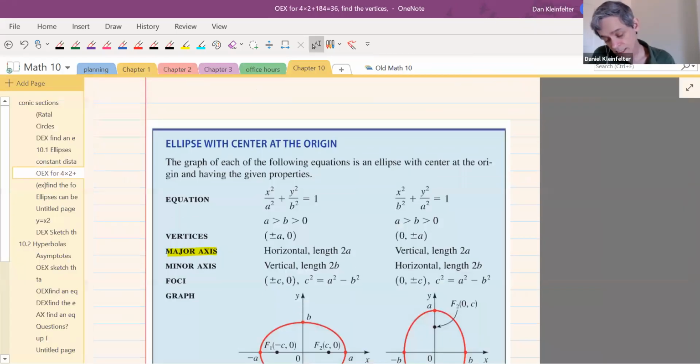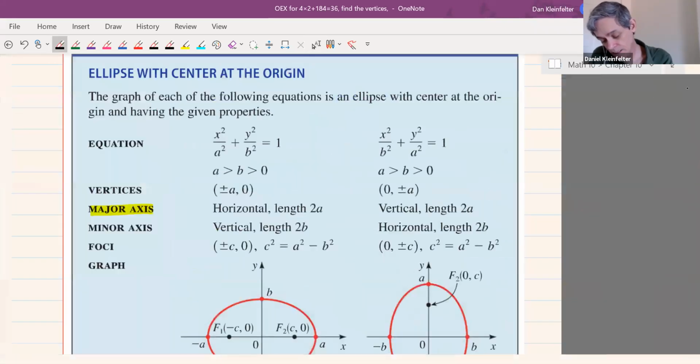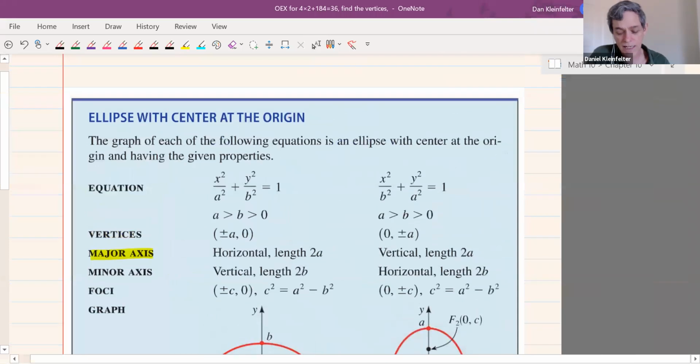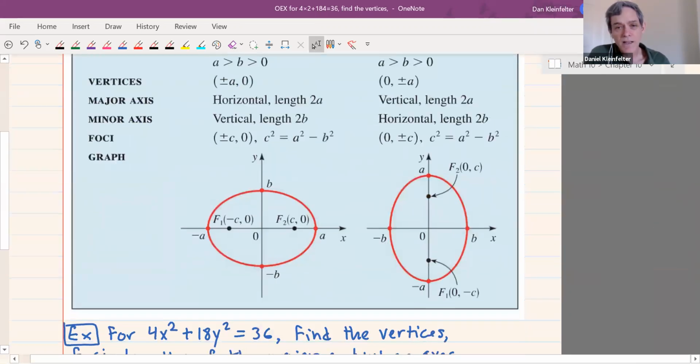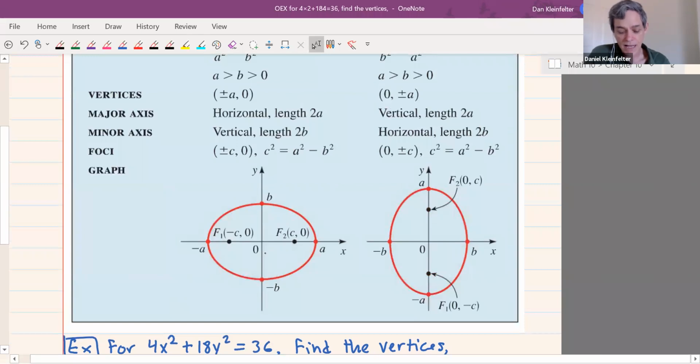Okay, so the table here isn't a repeat from our textbook. It's taken from another textbook, and I think it's simpler than the one in our book. So let's take a look. Depending on which way the ellipse is oriented, that is, is it wider than it is tall, like in the picture on the left, or is it taller than it is wide, like the picture on the right?